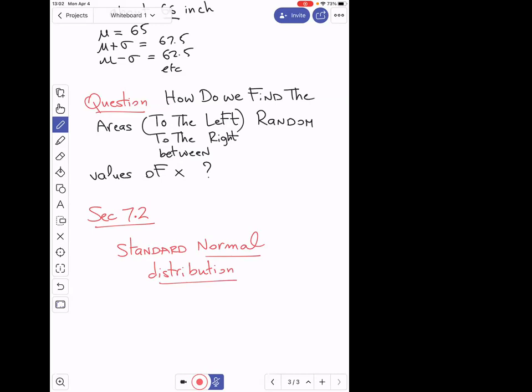So in this, there is this word standard, right? Normal distribution. All right. So the thing is, we're gonna use the table from the formula sheet to find the areas to the left or to the right or between some random values of x. But before that, we need first to understand what this standard normal distribution is.